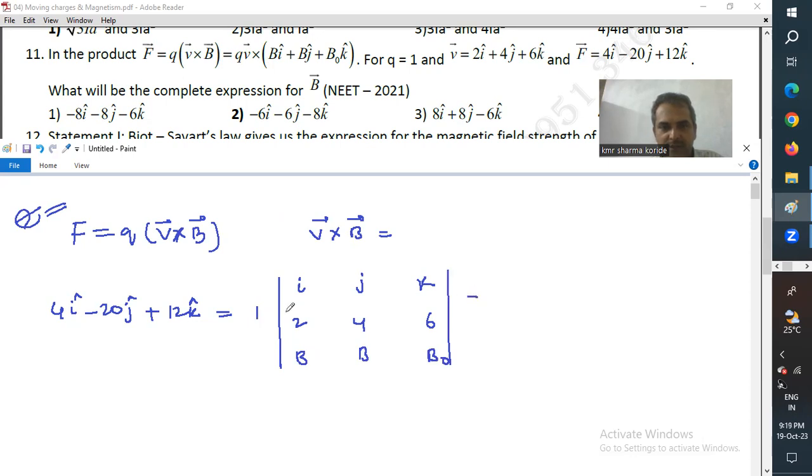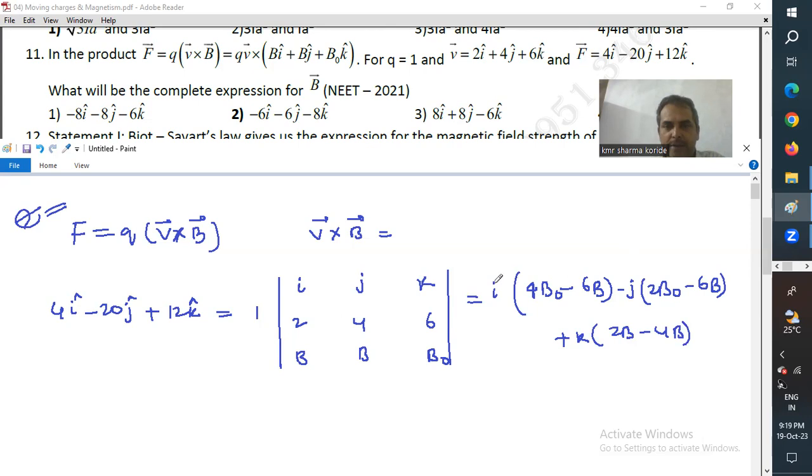The result of this is I of, forgetting this column and this row, 4B naught minus 4B naught minus 6B, minus J cap, column and row, so this is 2B naught minus 6B, plus K cap, 2B minus 4B.